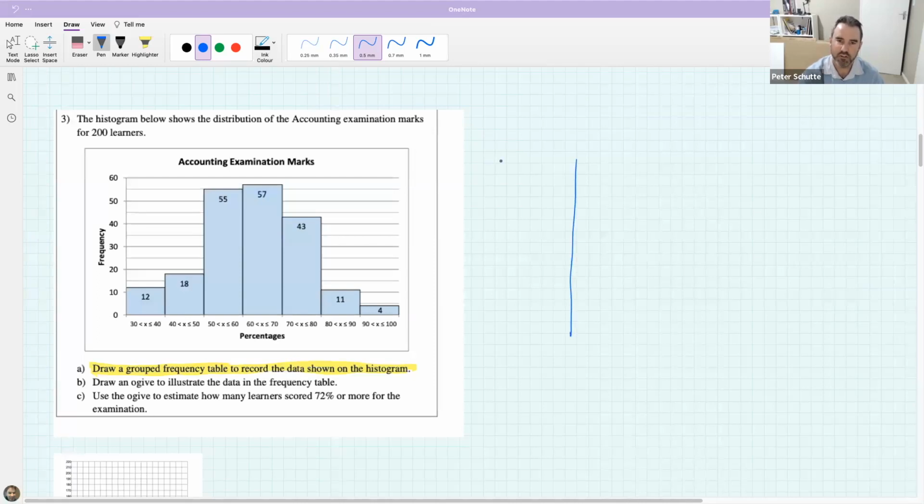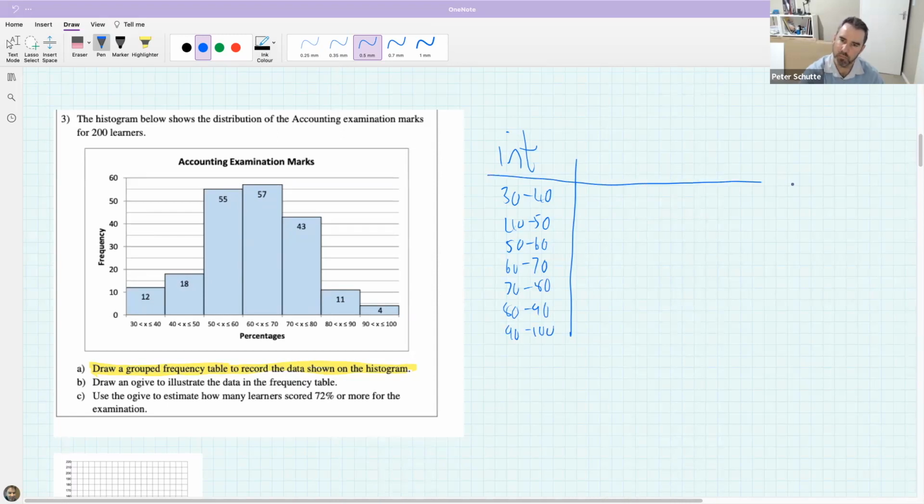So I guess I first need my intervals, or my class interval. Okay, so step 1 is the intervals. Then I need frequency, and then I need cumulative frequency.